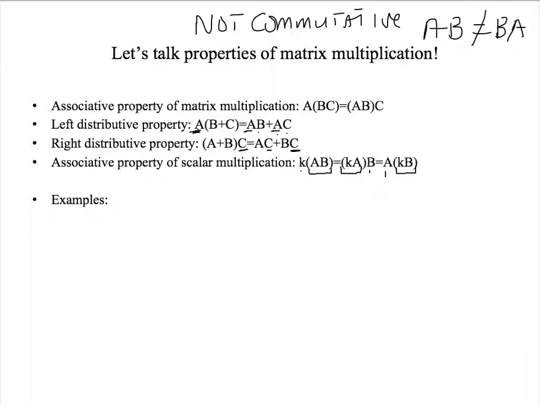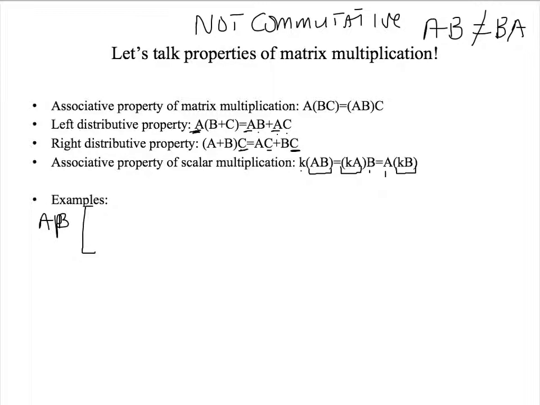So I've got some examples. I will do the associative property, A(BC).